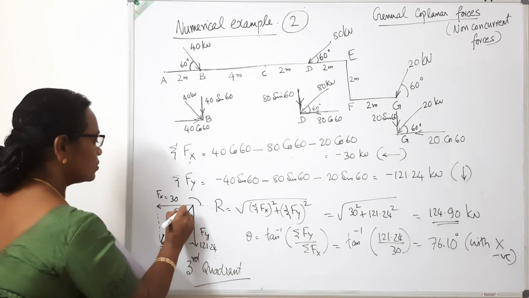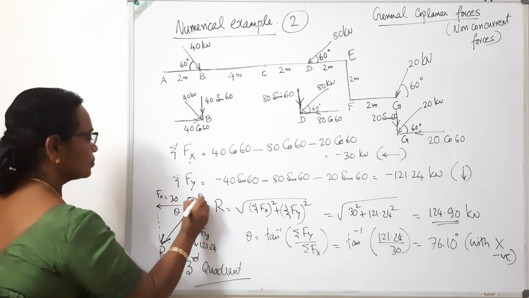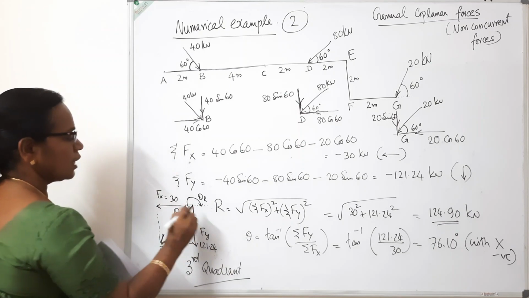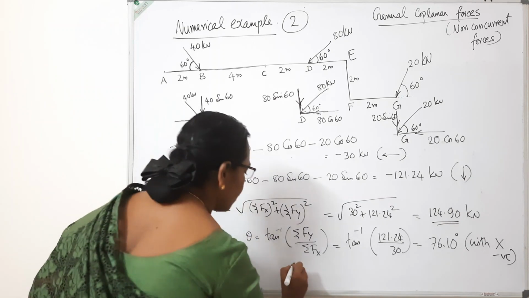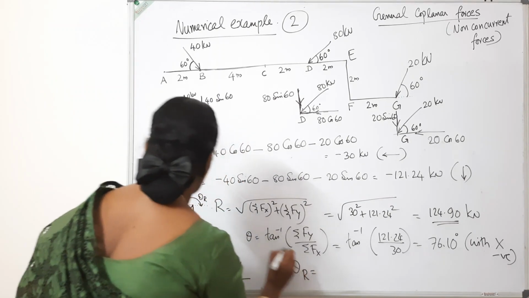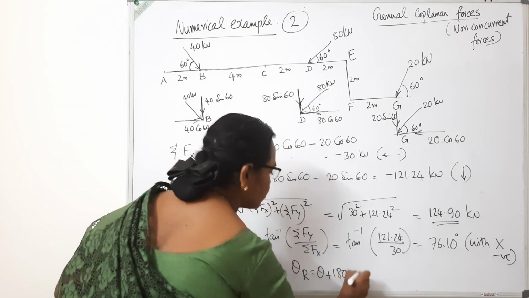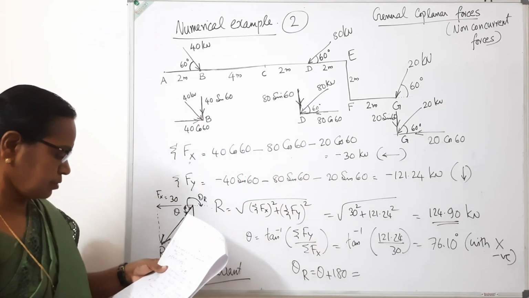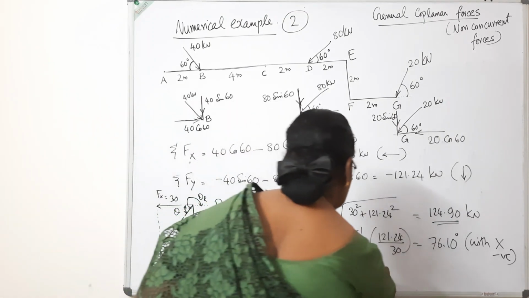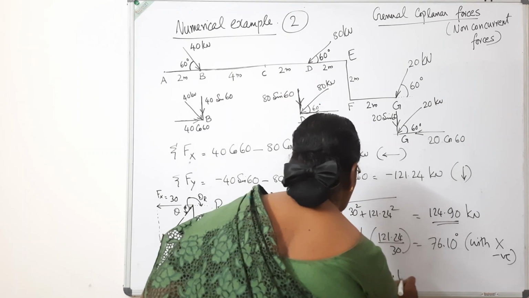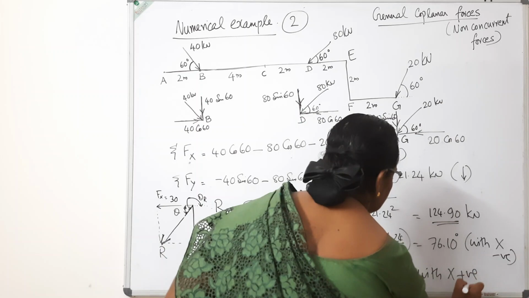So this is theta, this is theta R. Theta R can be the angle of the resultant with x positive direction. So I can also write theta R as theta plus 180 degree, 180 plus 76.1, 256.1 degree with x positive direction.